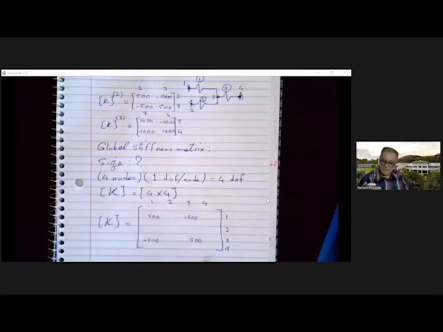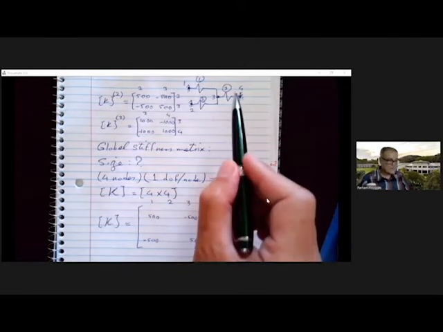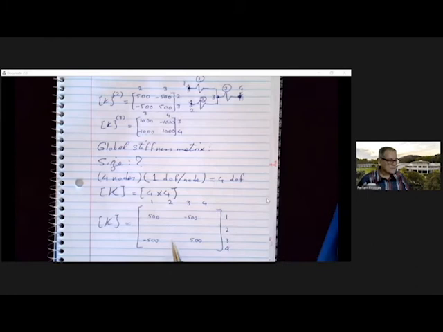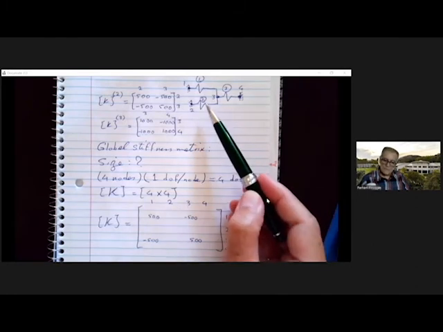Do the same thing for elements 2 and 3. That is your part. Write it down, fill it in for elements 2 and 3.